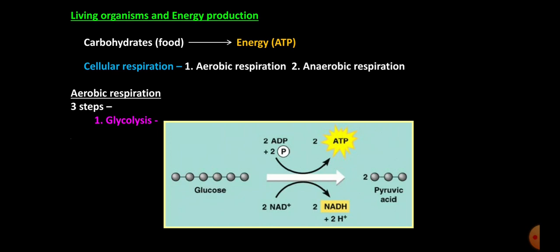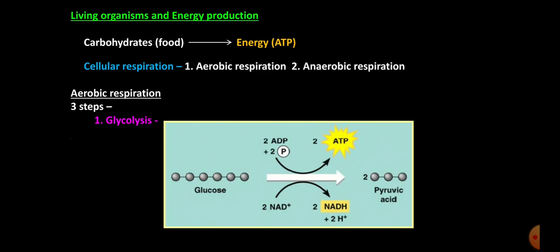So here the glucose molecule breaks down into two molecules of pyruvic acid, right? As you can see on the slide, glucose, only one molecule is there. We had studied that if no number is written in front of the compound, then it is considered as one molecule, correct?